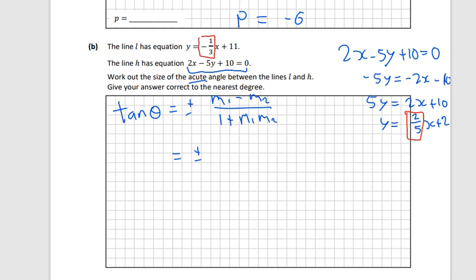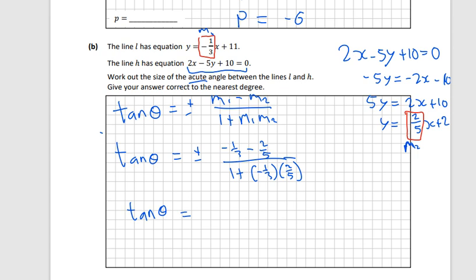So you just take the minus 1 over 3 as m1, and then you take the 2 over 5 as m2. So minus 1 over 3 minus 2 over 5 all over 1 plus minus 1 over 3 times 2 over 5. And I'd go straight to the calculator there with that. That's all equal to tan theta. We still have to get what theta is.